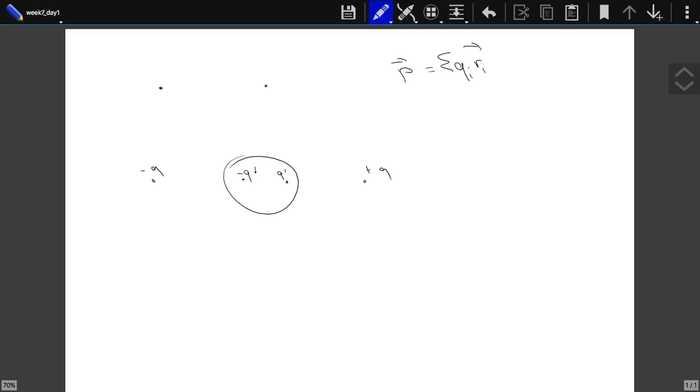So these will be your two image charges, and the dipole moment will be just this sum for these four charges. Because you see, the dipole moment determines what is the potential for a faraway observer. And for a faraway observer, the potential created by this single conducting sphere and two charges is the same as the system of these four charges, two real, two image charges. So the dipole moments should also be identical.